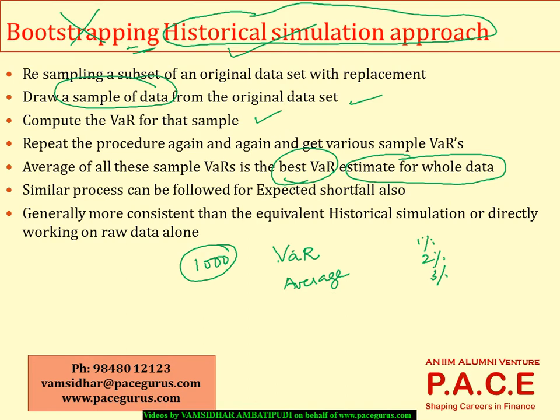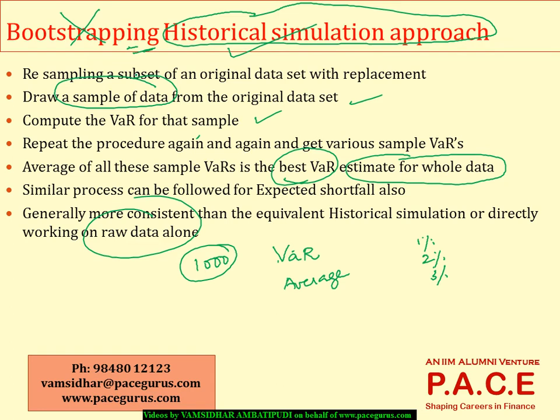So rather than working on one set of raw data alone, this mechanism is a much better way to compute your value at risk. This is typically the bootstrapping of the historical simulation approach.